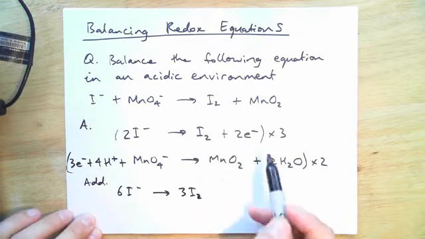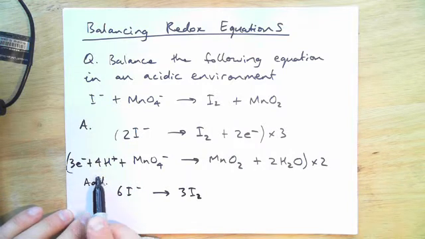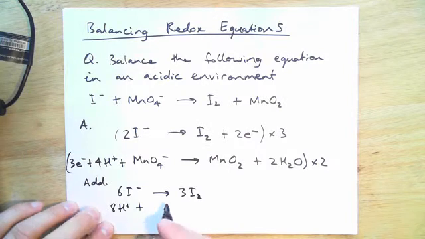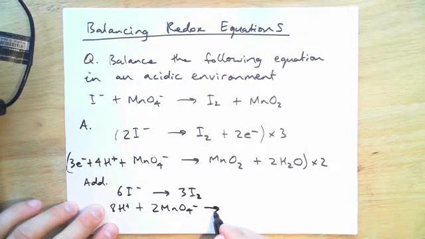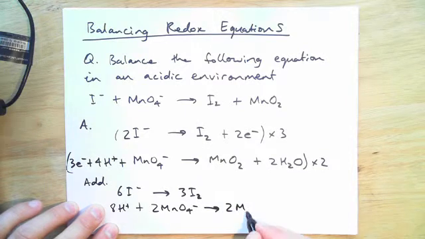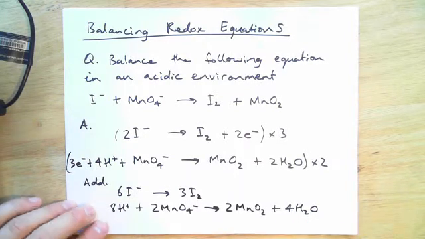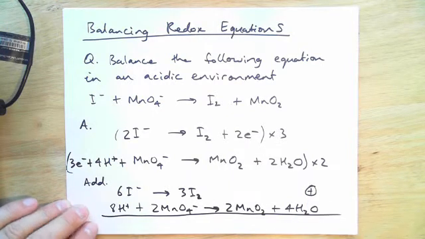For the other equation, I'm just going to ignore the electrons here because they're going to be cancelled off anyway. So the bottom equation would be 8H plus 2MnO4 minus going to 2MnO2 plus 4 waters.